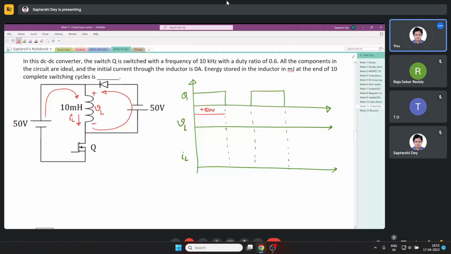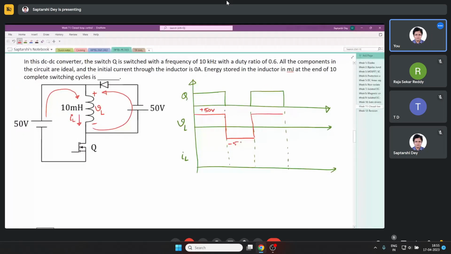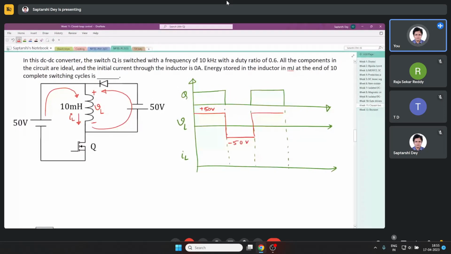So this is how the circuit is being operated. 60% of the time the inductor is getting 50 volt, 40% of the time the inductor is getting minus 50 volt. Are you smelling something here already? Something is wrong.